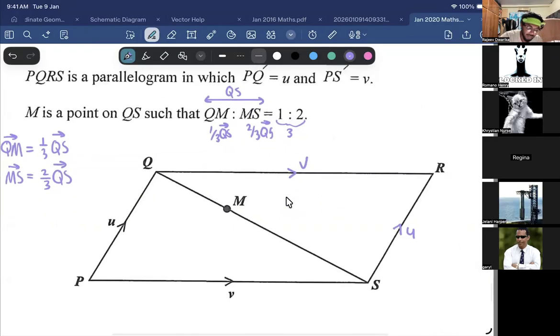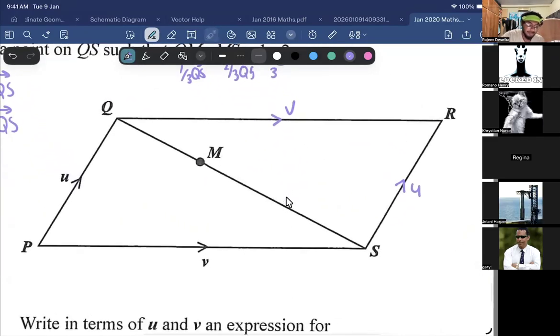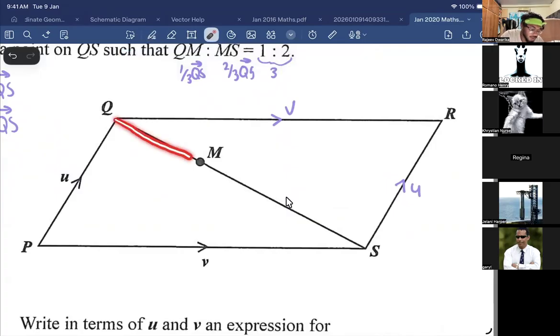Let's try an easier way to understand this. Regina, how many QMs do you think it would take to make M to S? For Q to M, it's going to take 1, but for M to S, it's going to take 2 because it's longer.